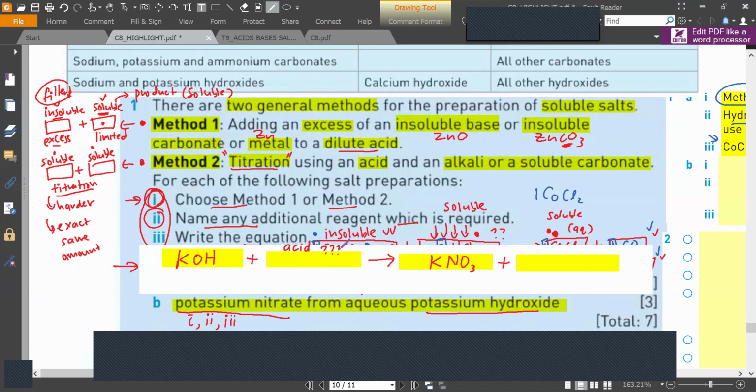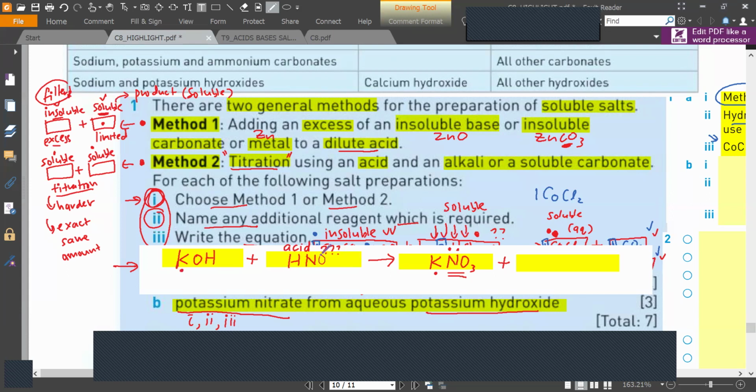Which acid should we use to get potassium nitrate? The potassium we can already get from the potassium hydroxide, so we need the acid that will give us this nitrate. Which acid can give us the nitrate ion? Nitric acid, hydrogen nitrate.